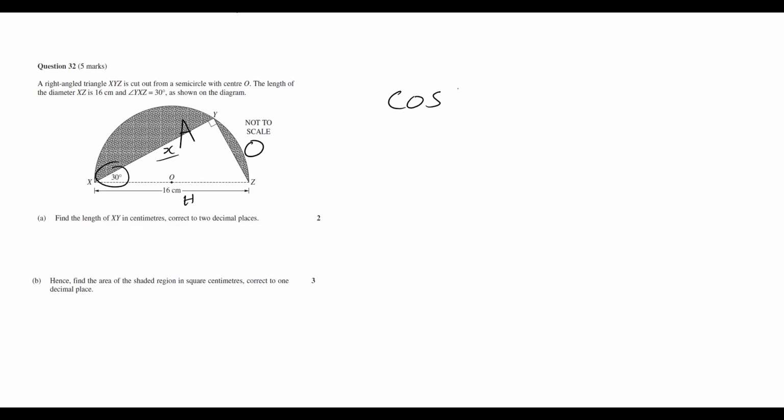So now we can write that cos of 30 degrees is equal to the adjacent over hypotenuse, so x over 16. And then we can simply solve that for x by saying x equals 16 times cos 30 degrees.